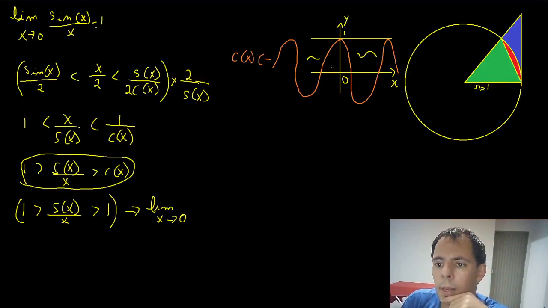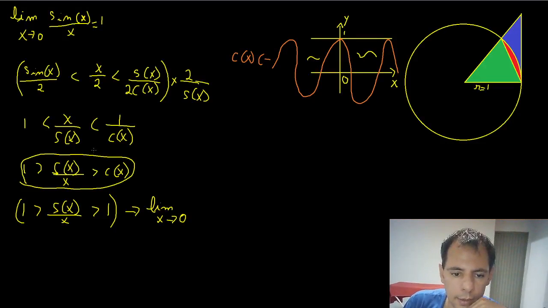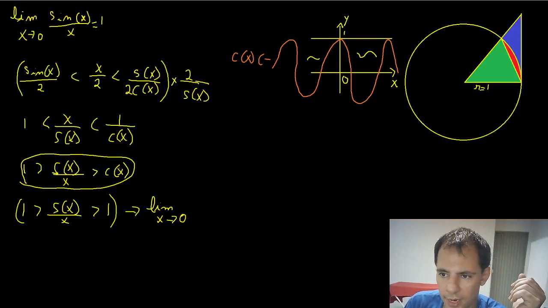Okay? Now what do you have here? This part is the sine of x divided by x, and this is the sine of x divided by x. You can see that for all x's, as a matter of fact, the sine of x divided by x is going to be less than 1, and it's going to be greater than the cosine of x.